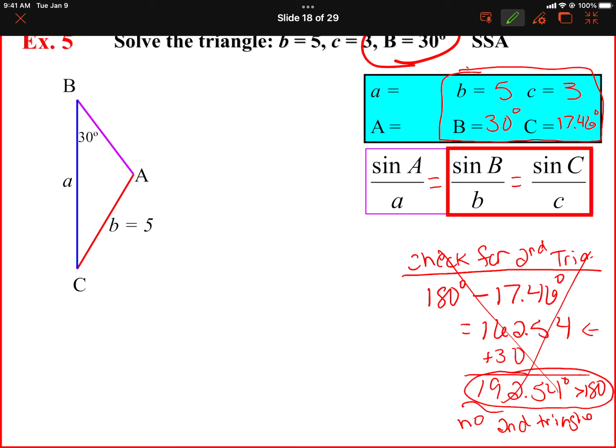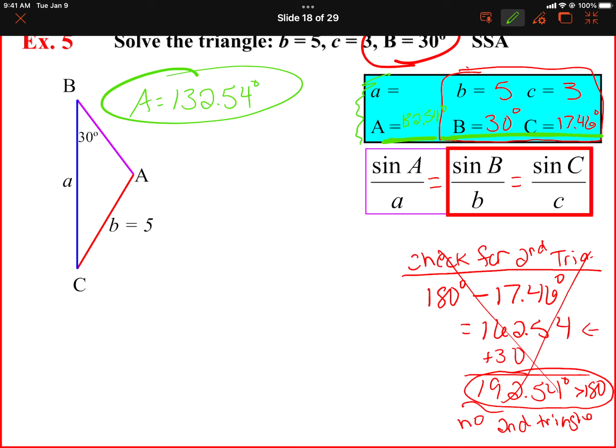So what we want to do now is solve for our little a and our big A. We can solve for big A real quick, because we know that 180 minus 30 minus your 17.46 gives us our big A, which is 132.54.